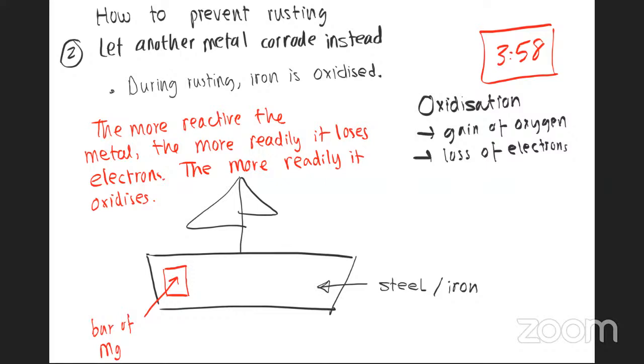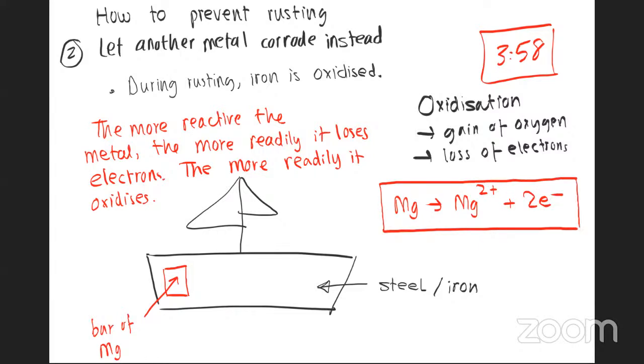So magnesium, instead of iron, gets oxidized, and when it gets oxidized, it loses electrons, and this is the half equation that you will get.